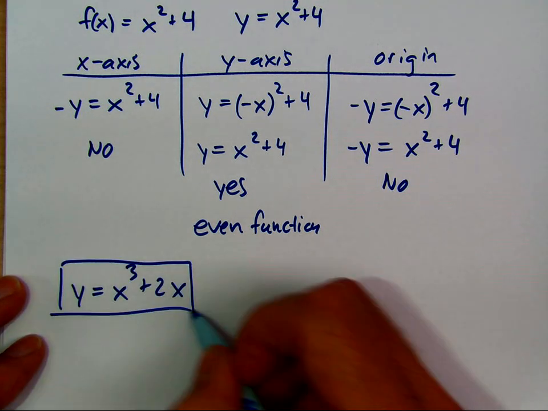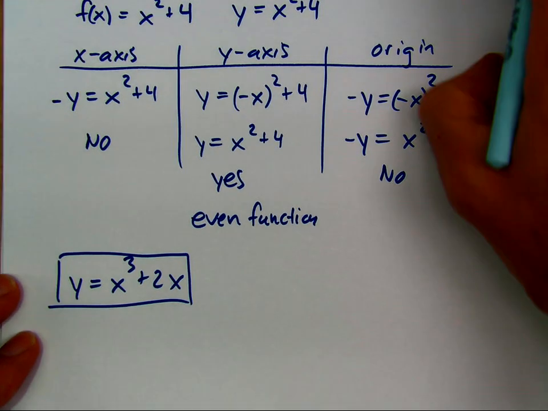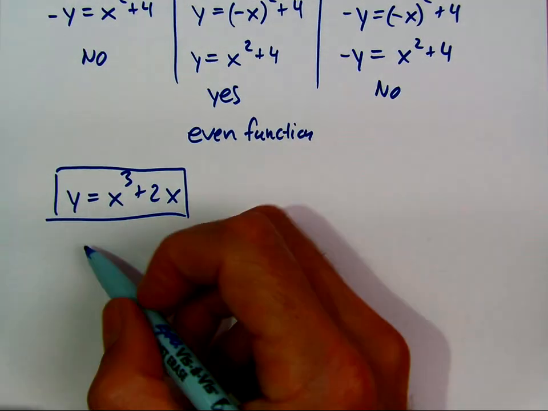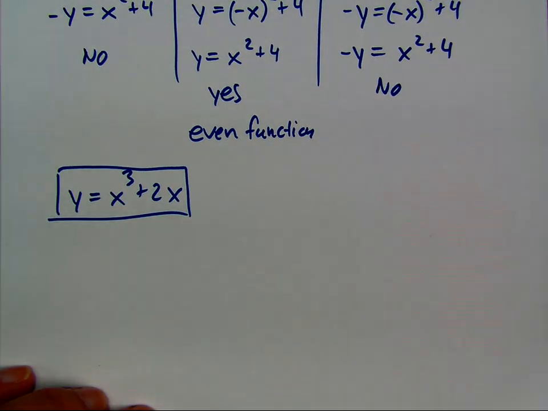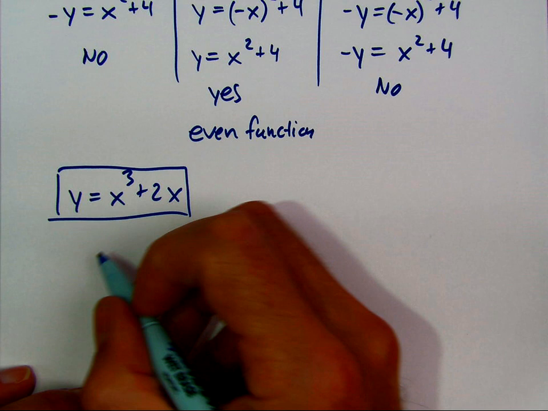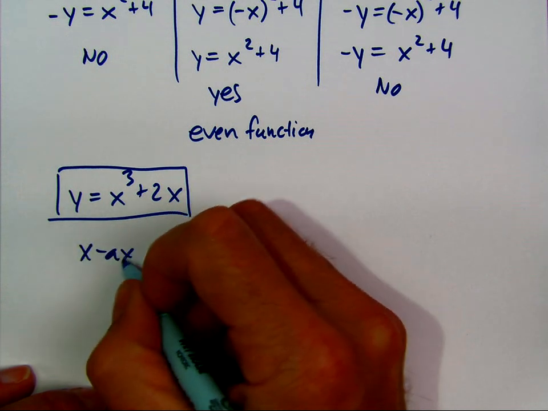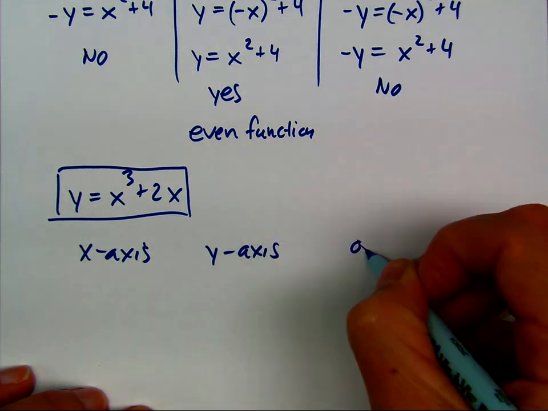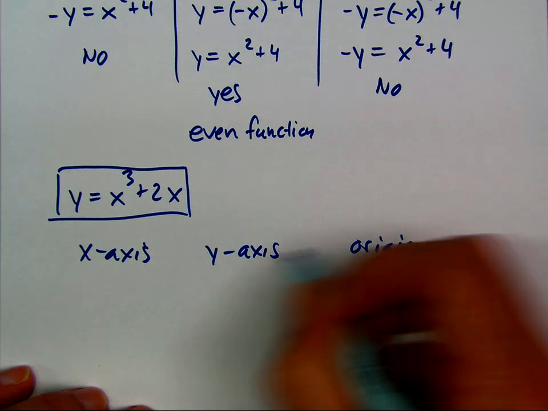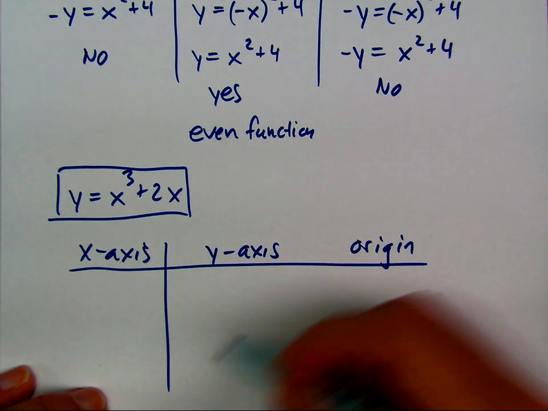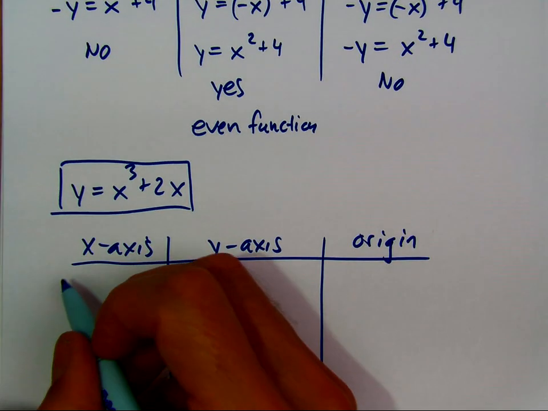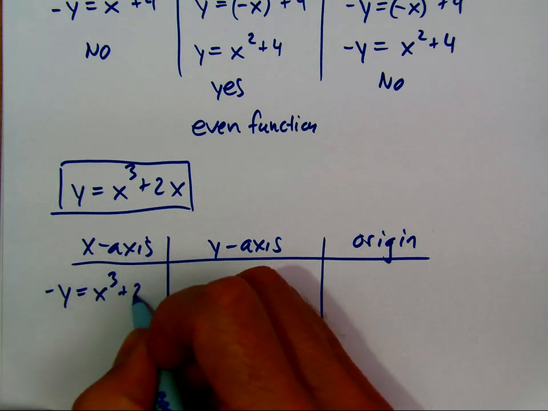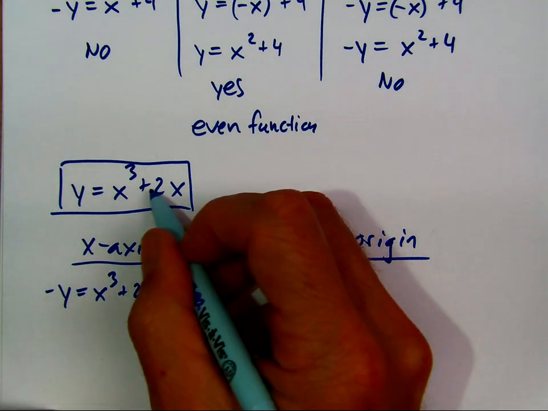All right, test for symmetry with this function. Pause the video and try this one. X-axis symmetry, you change the sign of the y, and that doesn't look like the original.